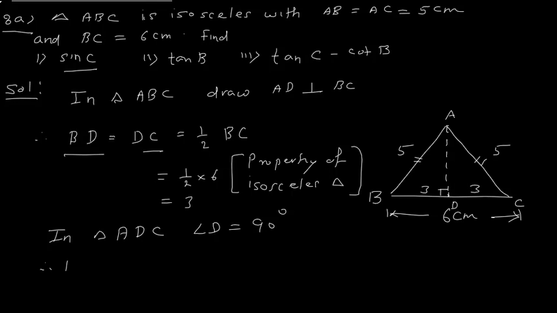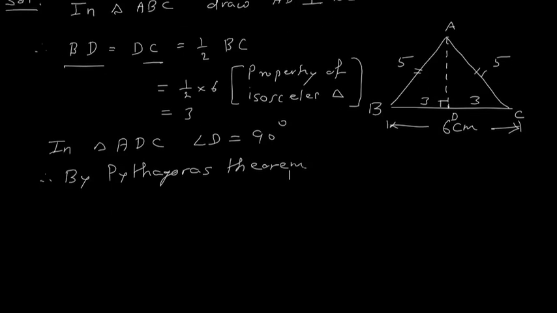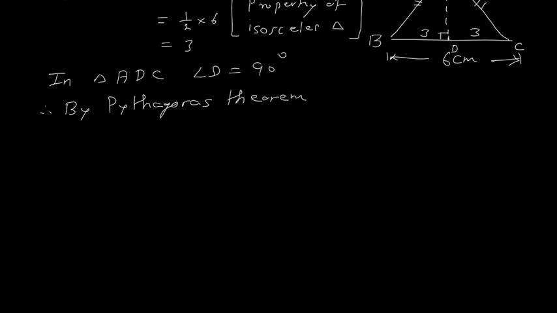Therefore by Pythagoras theorem, AD square plus DC square is equals to AC square.